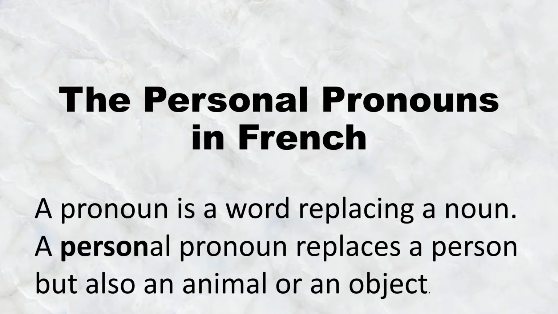Before putting a verb into a tense, in other words, before conjugating a verb, we need to use what is called a personal pronoun. So let's have a look at those personal pronouns in French. There is a pattern and we need to follow it. The first 3 persons are singular. The last 3 persons are plural.